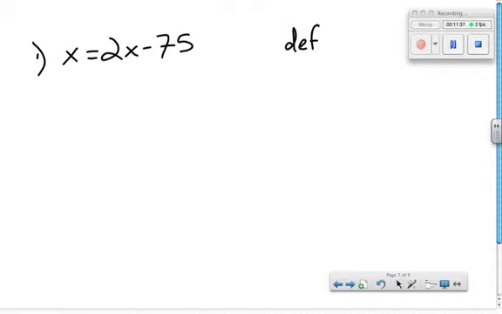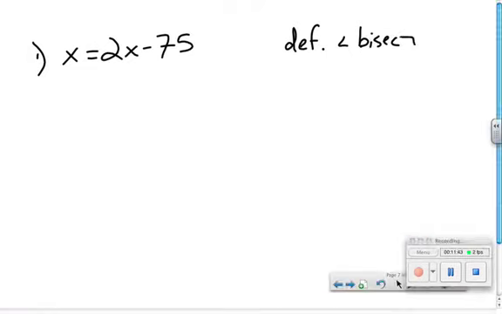It's the definition of an angle bisector. And again, once you've got your equation, the rest of the process should flow very, very easily.